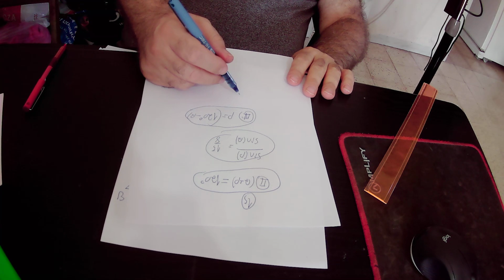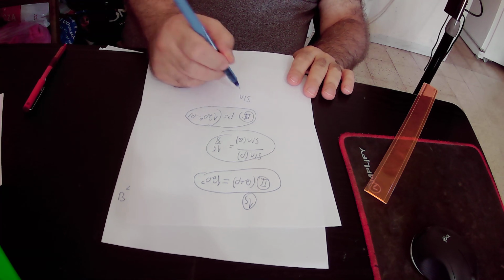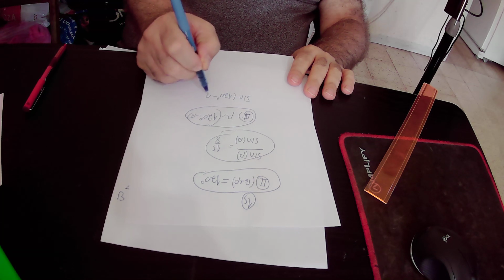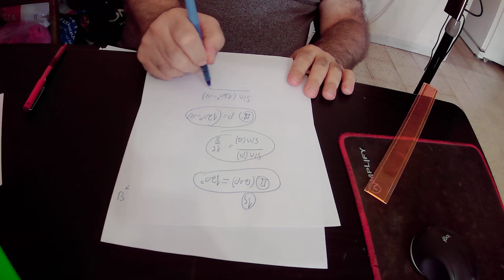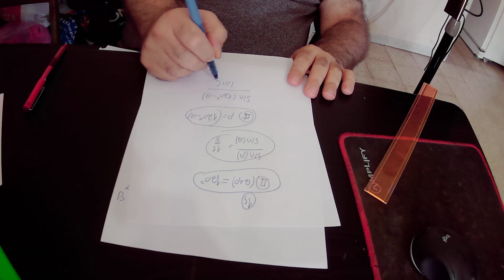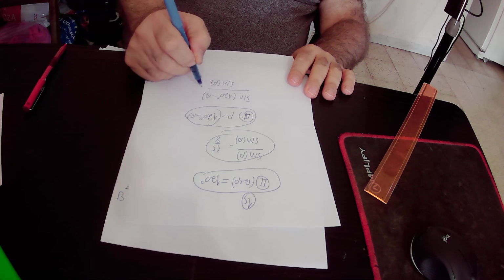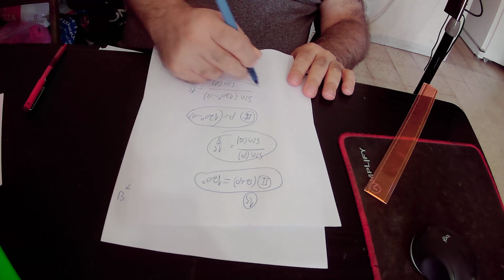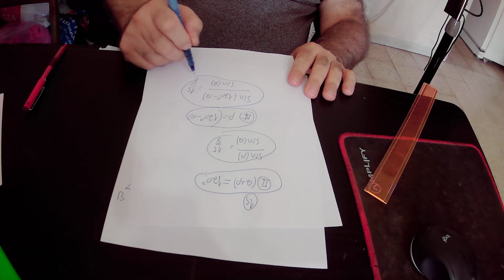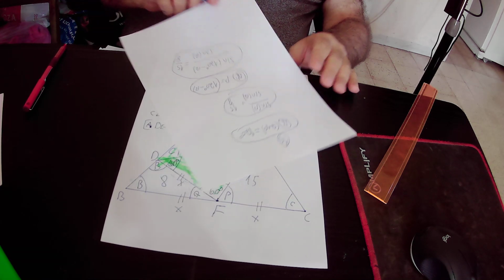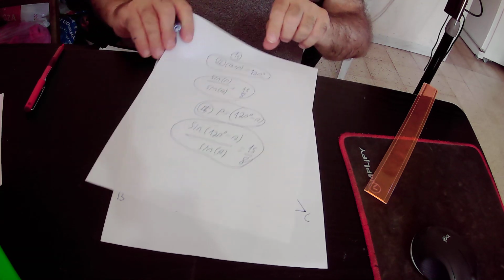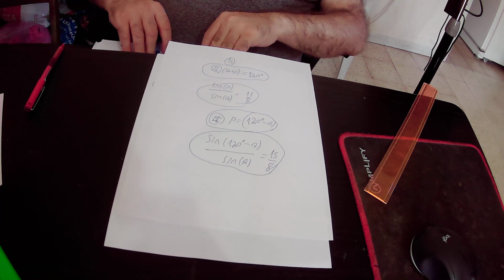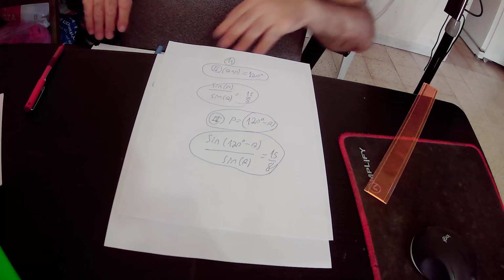So instead of P, we write down that sine of 120 degrees minus Q over sine Q equals 15 over 8. Okay? We got the equality that states that sine of 120 degrees minus Q over sine Q equals 15 over 8.